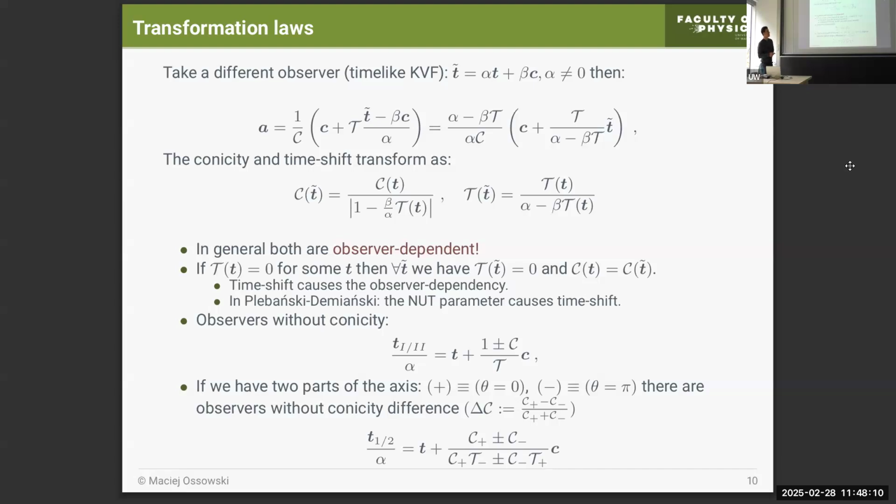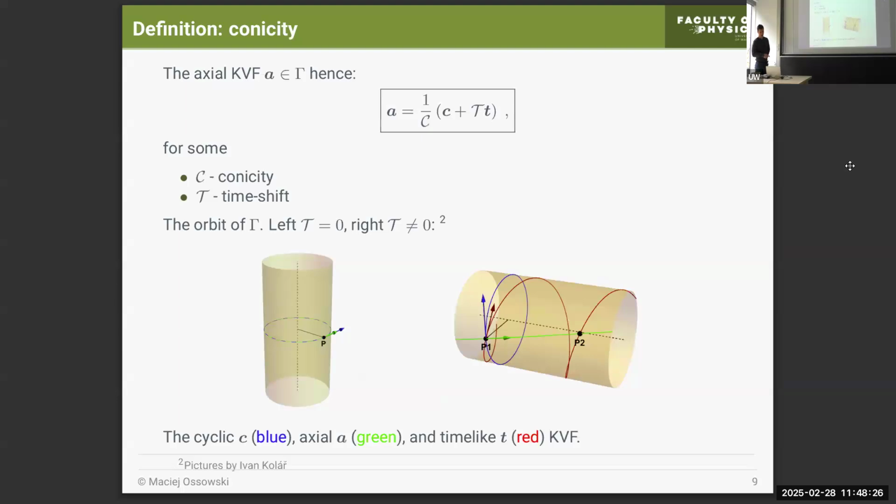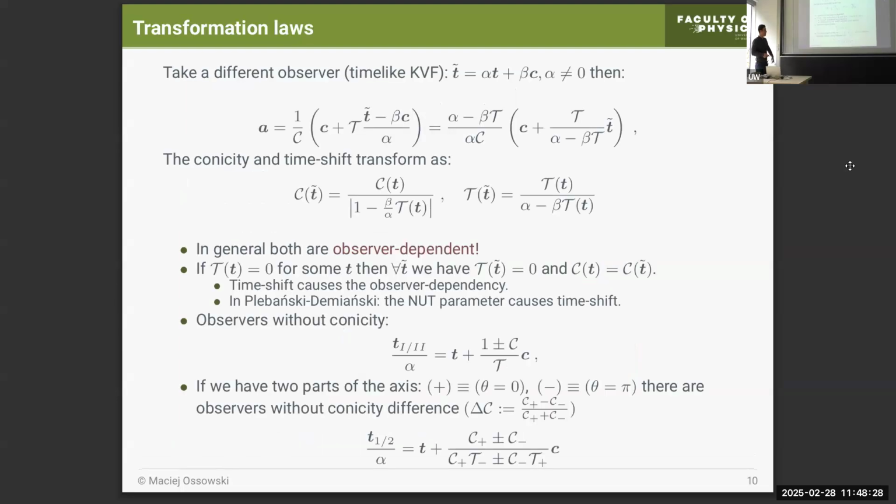This follows from this transformation. And if this is the case, then also this denominator is 1, and so the conicity is the same for any observer. So this is the left case. This is the left picture.